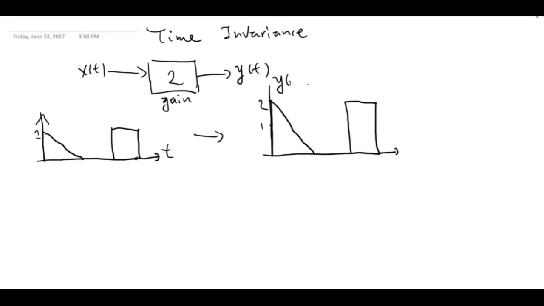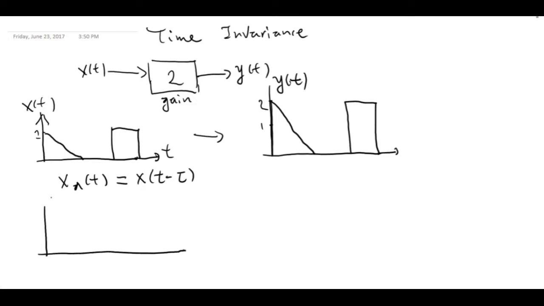Now we are going to consider another one, which is what we call the delayed x(t). The delayed x(t) is equal to x(t minus tau). So in this case, I'd like to draw it in such a way.